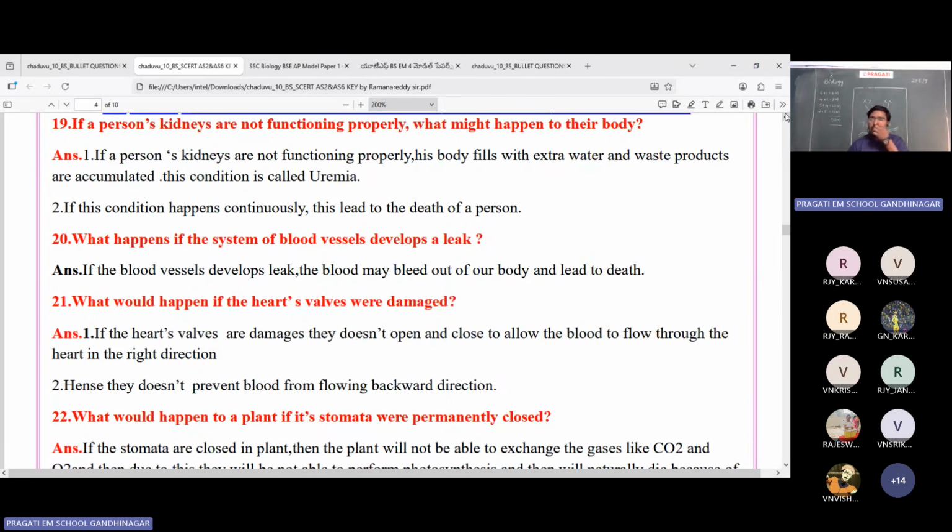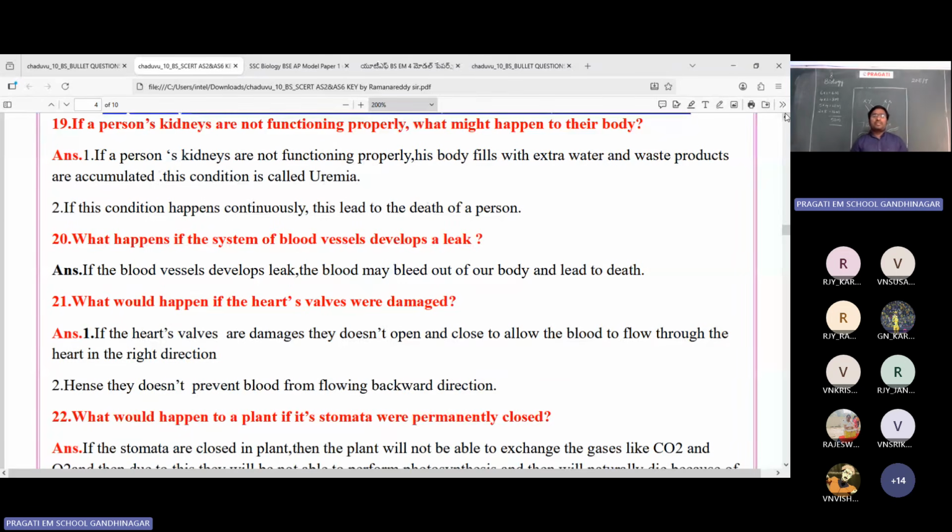This is also an important 1 mark question, children. So the accumulation of waste product or extra water in the body leads to uremia condition. If the condition continues, it leads to the death of a person. Okay, one of the harmful situations.